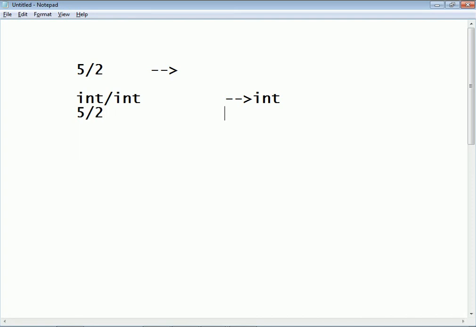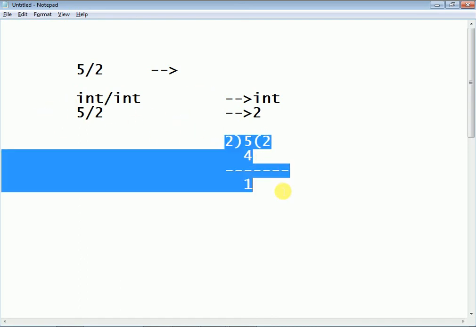If I take 5 by 2, the quotient is how much? 2 times, remainder is 1. 2 twos are 4, the remainder is 1. It won't give 2.5. Integer by integer is integer, and the quotient is 2.